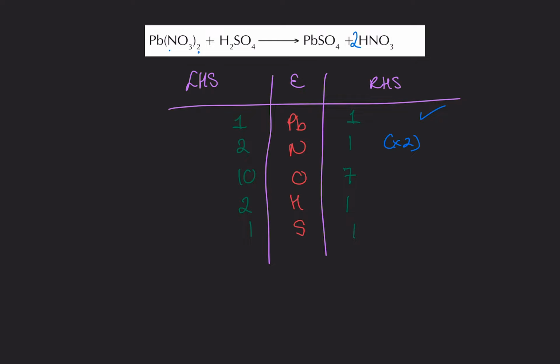Now we need to look at the sulfurs, leaving oxygen, hydrogen to last. Sulfurs seem okay. They're balanced. Now we're going to look at hydrogens. There's 2 here, and because I multiplied this molecule by 2, there's now 2 here as well, so that's fine. We look at the oxygens.